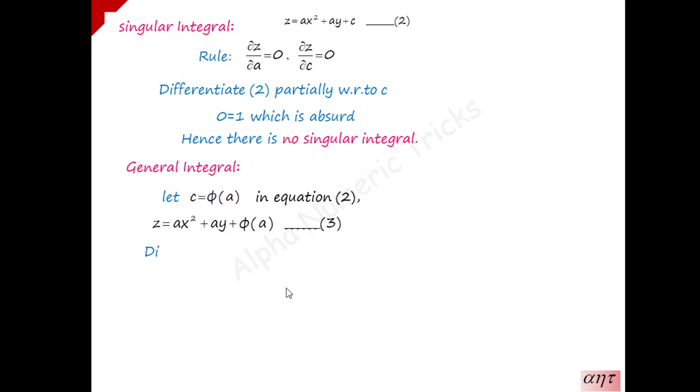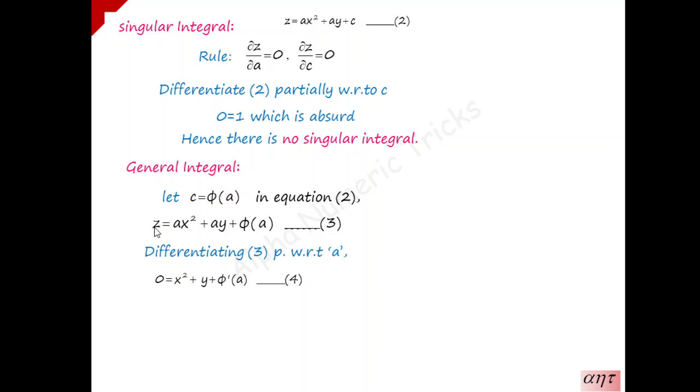Now you have to differentiate equation 3 partially with respect to the single arbitrary constant, because of the substitution, the two arbitrary constants in the complete integral are reduced to a single one.